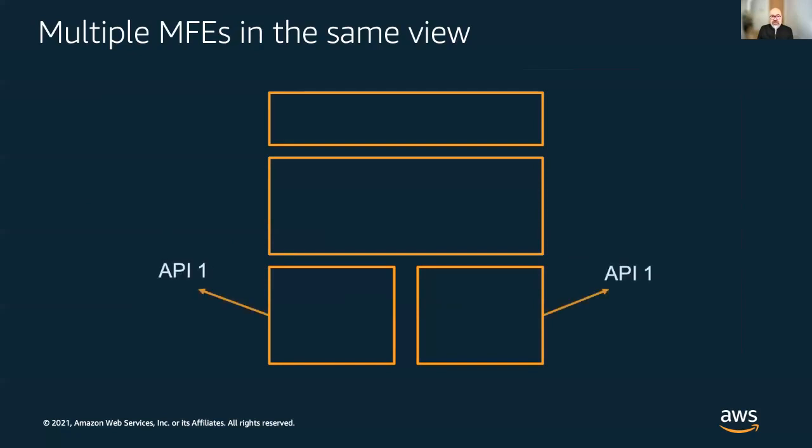So imagine here that you have those 2 microfrontends at the bottom that are calling API 1. The first question for me is, do we really need to split them up into 2 different microfrontends? Because first of all, we know that we have 2 round trips of the identical API going towards the server. So you are slowing down the rendering a bit, but that's, let's say, less of a problem.